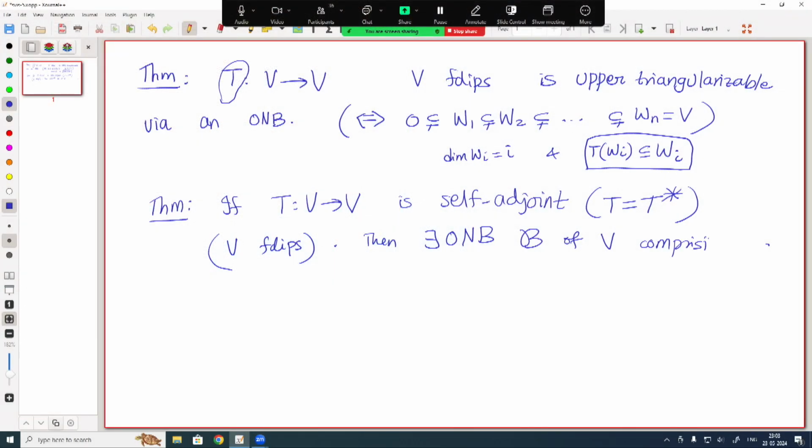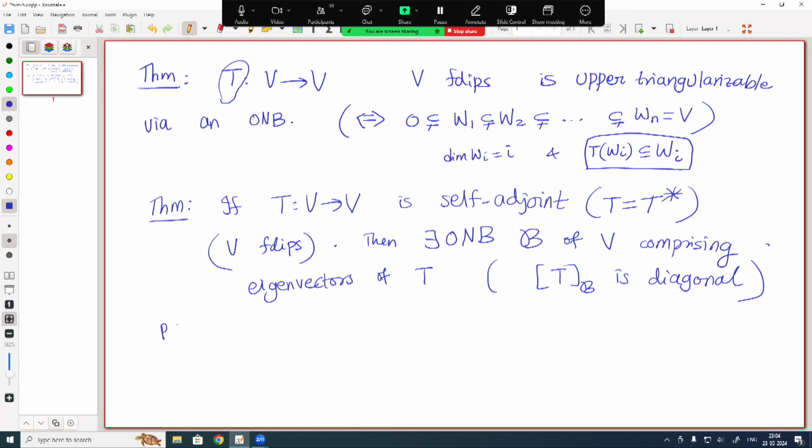There is an orthonormal basis of V, every vector of which is an eigenvector, so comprising eigenvectors. In particular, this means if you write the matrix of T with respect to B, then it will be better than upper triangular, it will in fact be a diagonal matrix. Okay. Here also the field is complex. Yes, I am going to take the field complex everywhere.